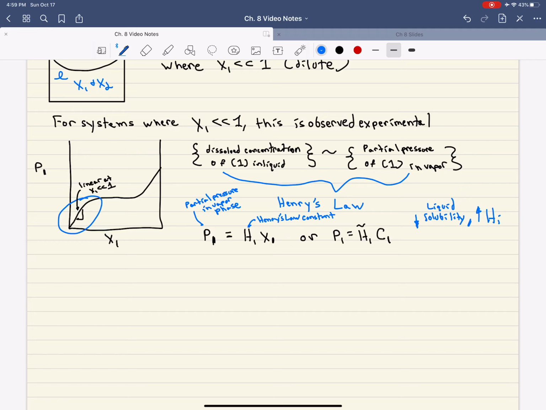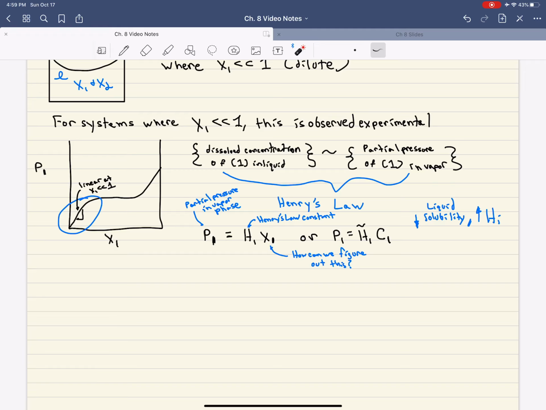In any case, the reason I wanted to introduce Henry's law here is because let's say we wanted to figure out our concentration value. Okay? And let's say we knew what H1 is and we can measure what the partial pressure is.